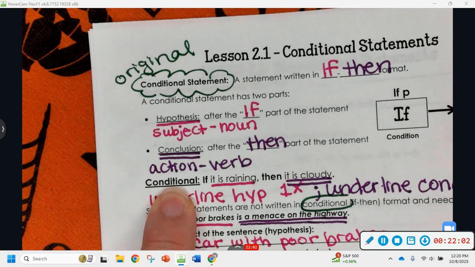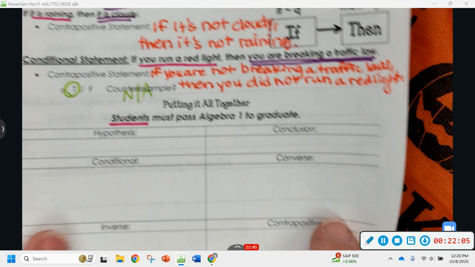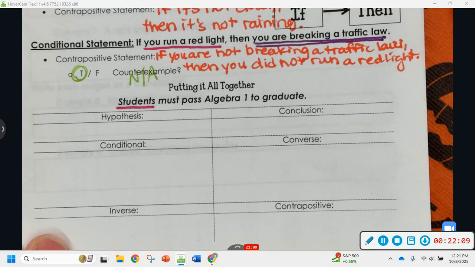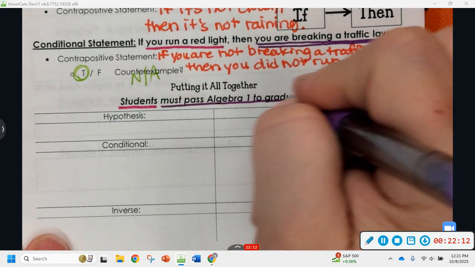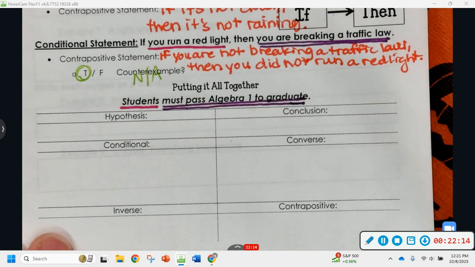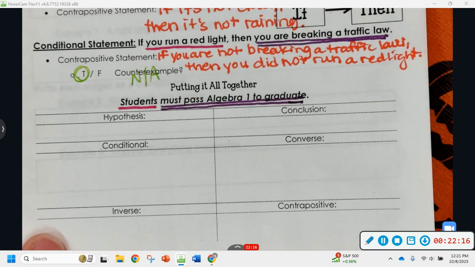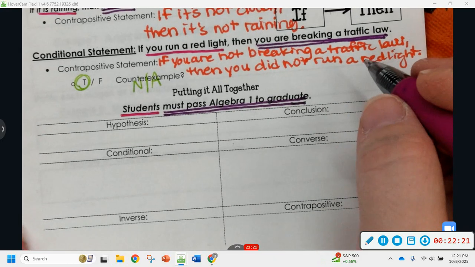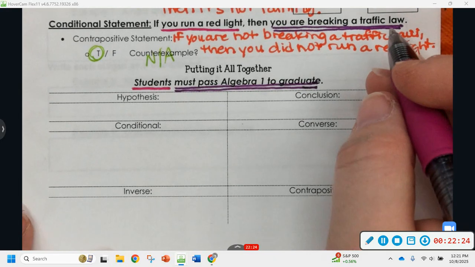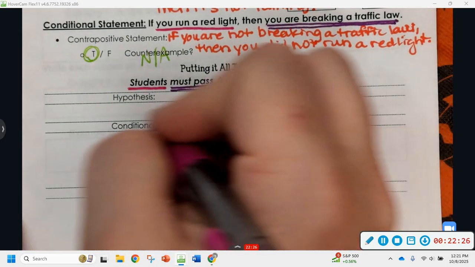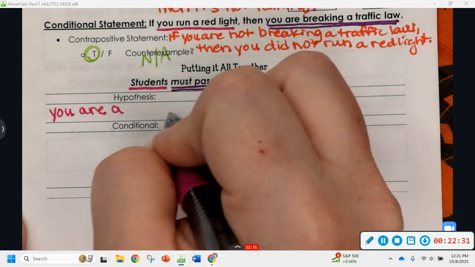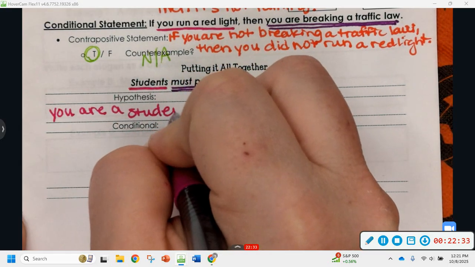Then your conclusion is the action part of it. So what is happening? What is our action? The action is that they must pass algebra to graduate. So my hypothesis is maybe not just the word students, but maybe if you are a student.